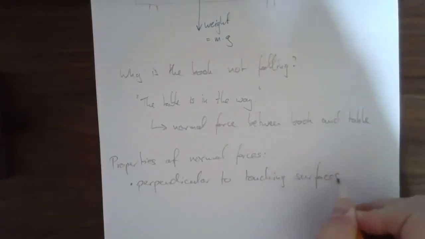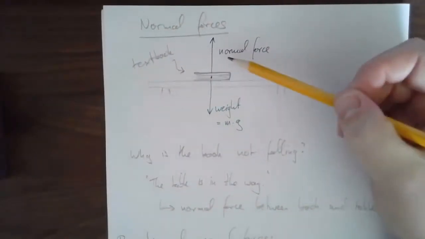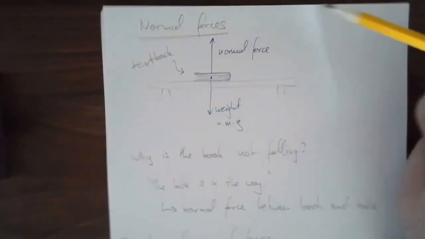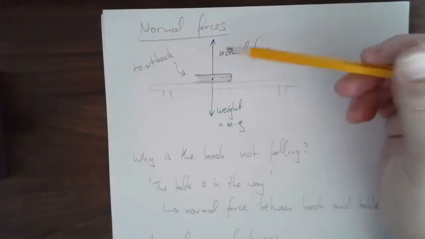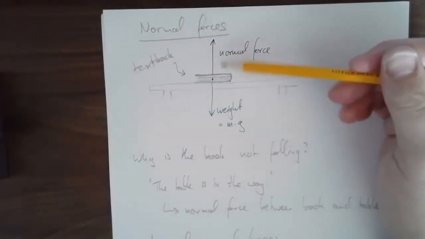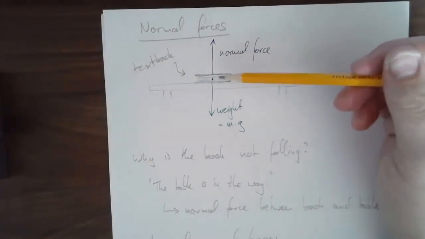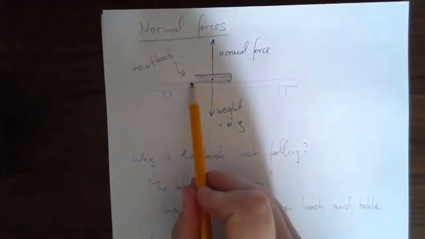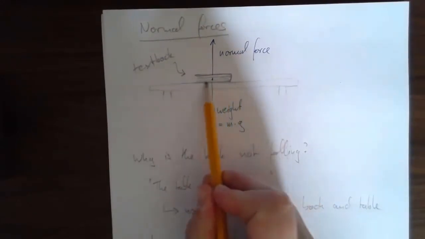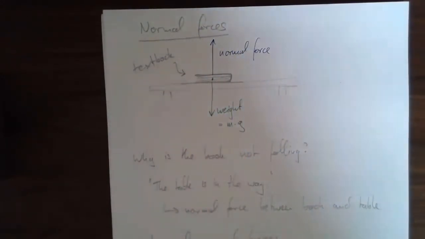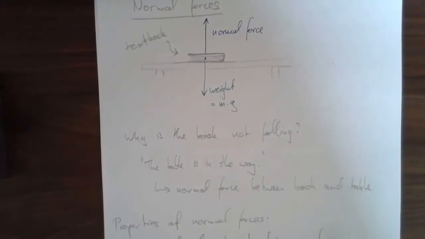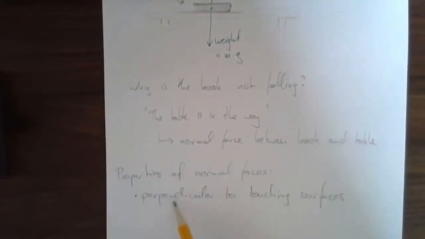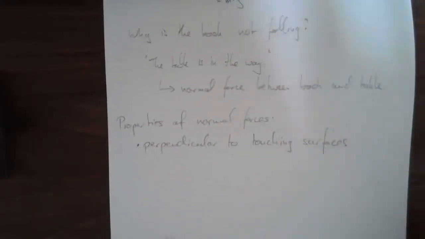So I'm not saying the normal force is always straight up. Definitely not. That would be wrong. We often encounter situations where there is an upwards normal force, but we also encounter lots of situations where normal force points in some other direction. It just depends on the orientation of the surface where they're touching. And this fact that they're perpendicular, that's where the name comes from.